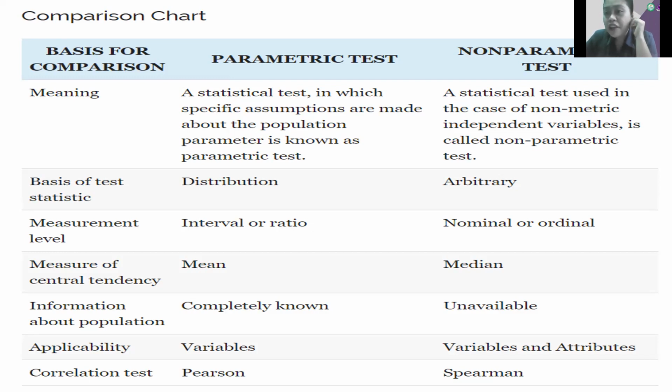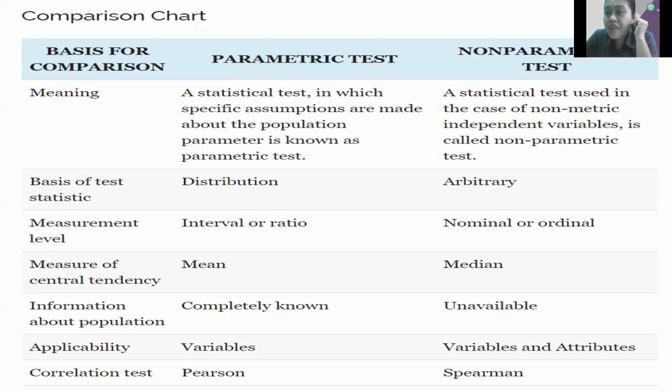So that will affect the distribution, that will even affect the measure of the central tendency. Since you have outliers, the mean cannot be representative for the center of the distribution. Okay? Therefore, if we cannot satisfy the normality of the distribution, we are going to use the non-parametric tests.